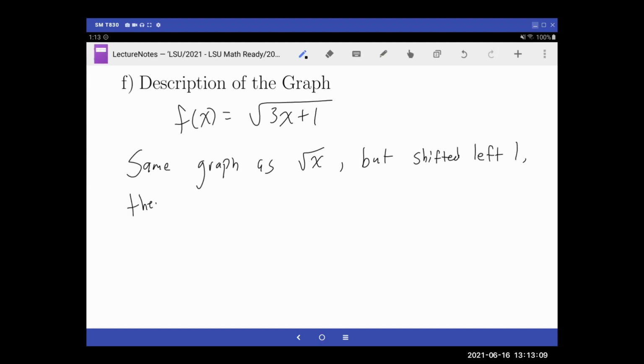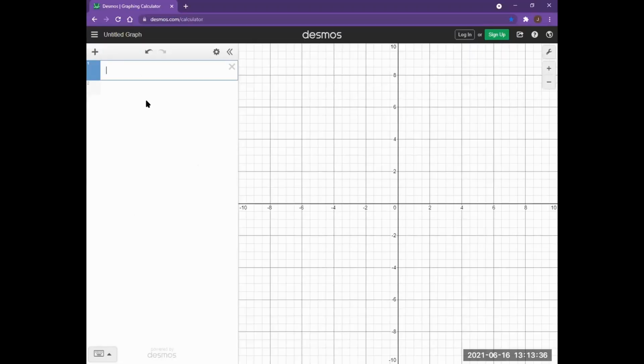Then this multiplication times 3 on the x indicates a horizontal compression by 1/3. It's always the reciprocal of that. And so let me give you a visual of what I'm talking about here. I think I have it. Here we go.